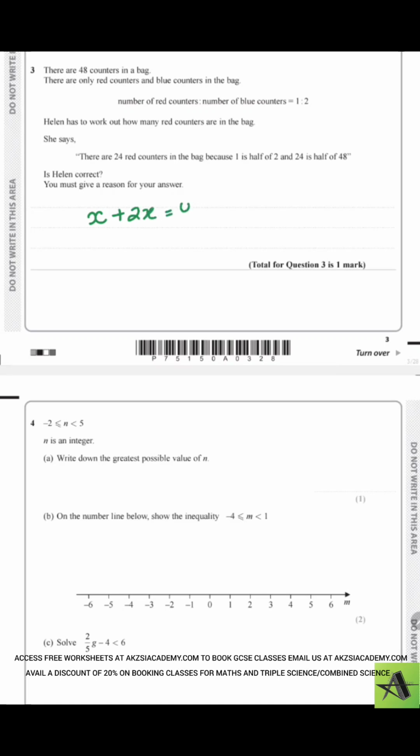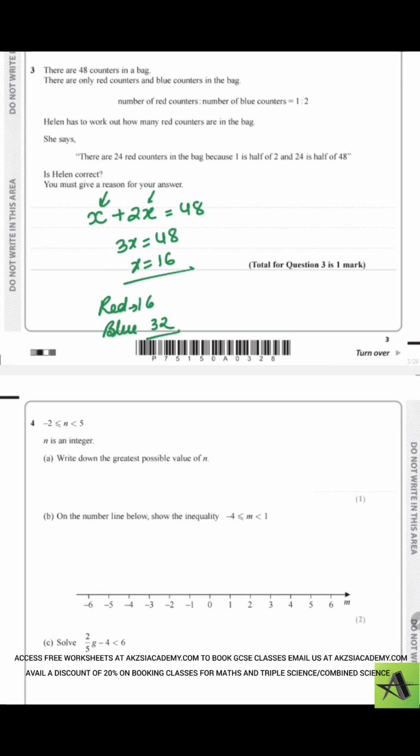And this total is 48, so 3X equals 48. Dividing both sides by 3, I'll get X as 16, which means X is 16. So red counters are X, which is 16, and blue counters are twice X, which is 32.